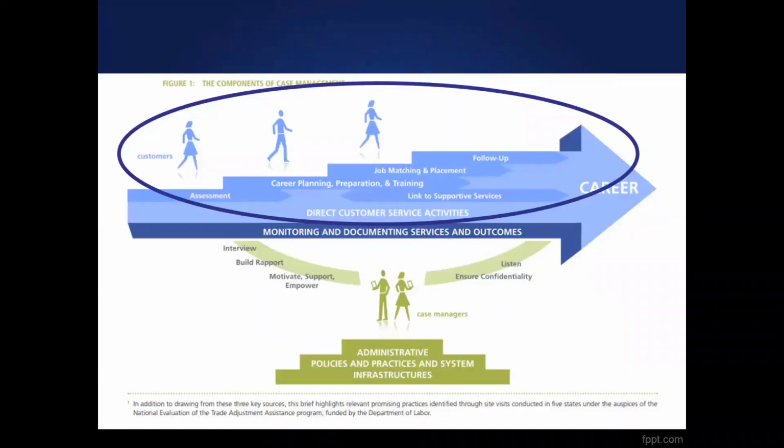The first component is represented at the top of the diagram. As you can see, the customer comes into our program and we walk them through the various components from assessment to career planning, preparation and training, to job matching and placement, and ultimately provide regular follow-up. We will cover each aspect in more detail after we cover all 4 components.